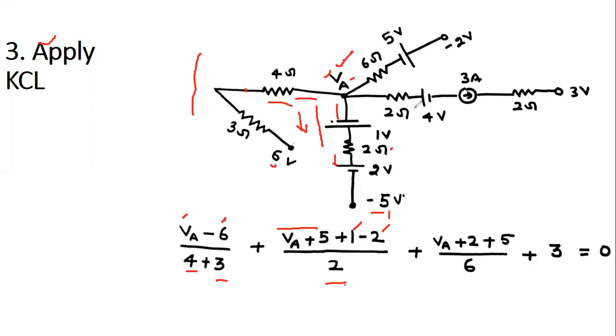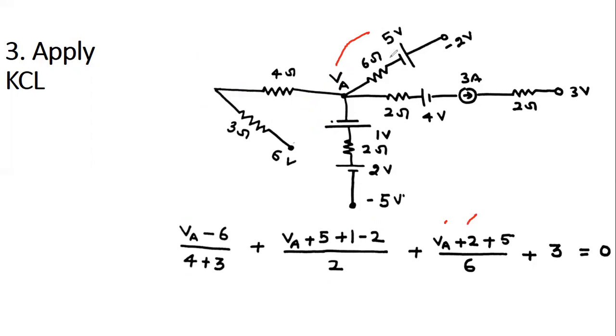Now the third current is, see, the current in this branch. I'm clearing the drawing. The current in this branch is the node potential difference VA plus 2, and we are getting the negative sign, so that is plus 5. So VA plus 2 plus 5 divided by resistance 6. This is my third current.